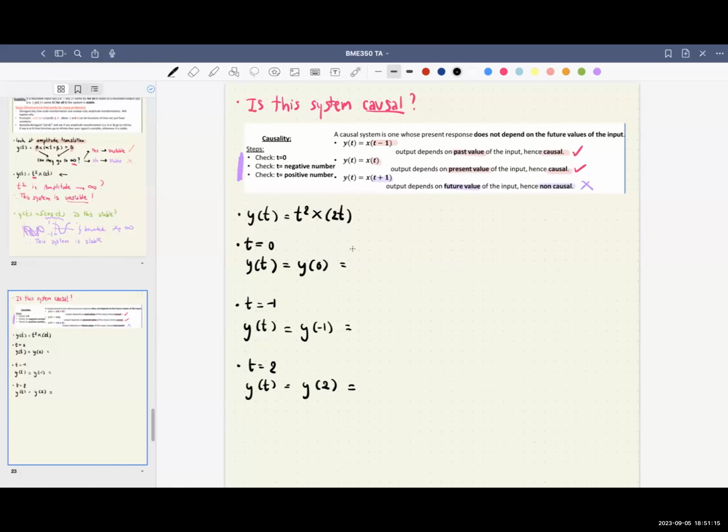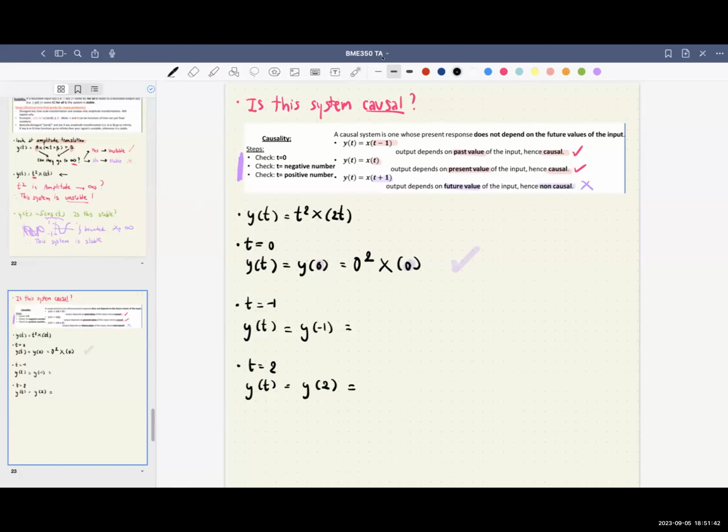Would it be causal? Yeah, it's going to be causal if we have t equals 0. So 0 squared and x equals 0 here. So 0 and 0. It's still causal, right? Okay, let's check another step. What if we have t equal to -1?